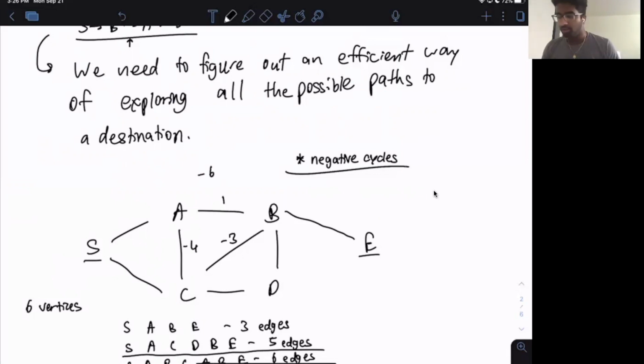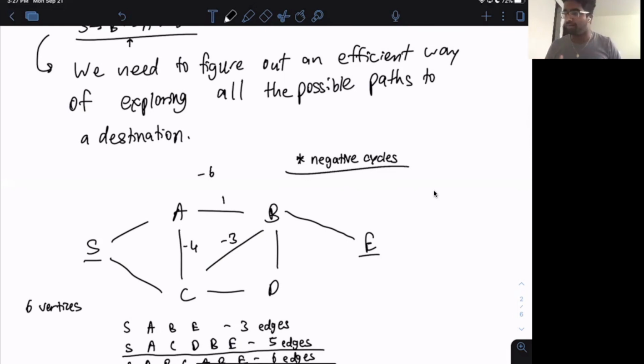When we're going through Bellman-Ford, by analyzing the edges a ton of times, we could potentially keep on going from A to B to C and cycling through that, because every time you cycle, you decrease your cost by 6. Then the shortest path from S to E would become negative infinity, because you'll just keep on cycling through A, B, and C, and keep on decreasing your cost. And that's a solution that doesn't make sense in the real world.